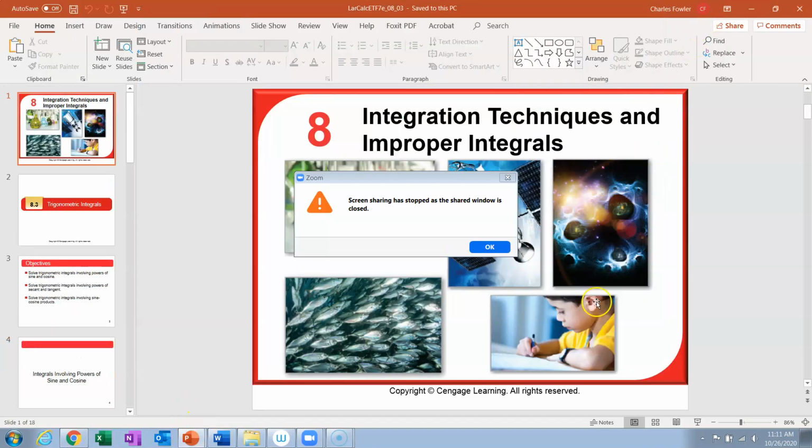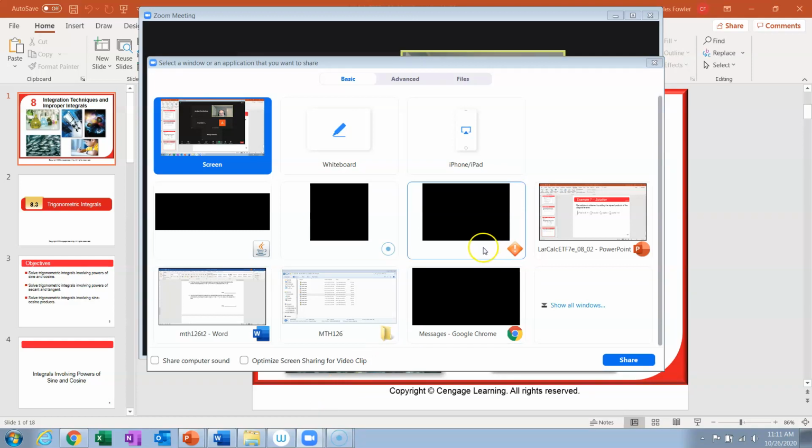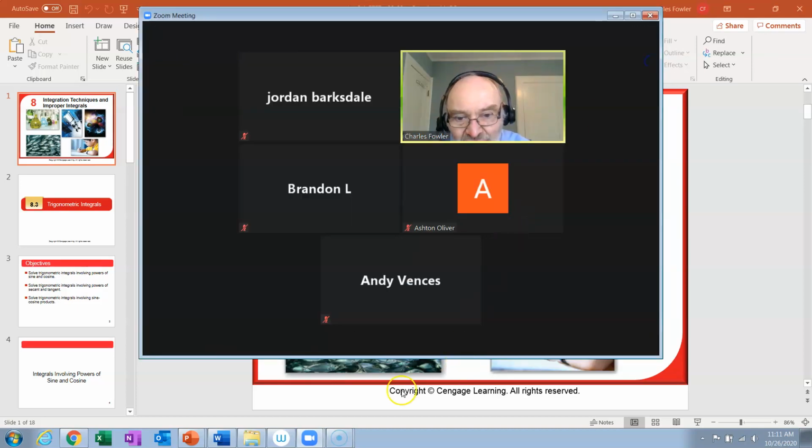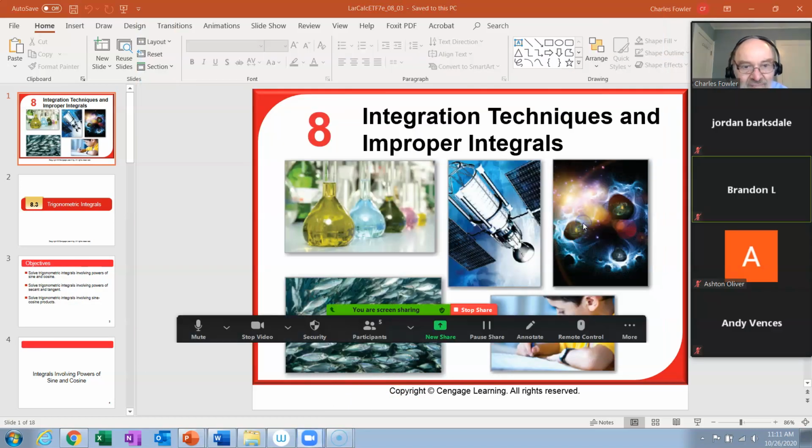And then let's try another screen share again. Okay, it's still not showing, so let me, you have to hold your mouth just right to get this to work. Okay, let's see if it's going to show here now. There it is, 8.3. Okay, got it.